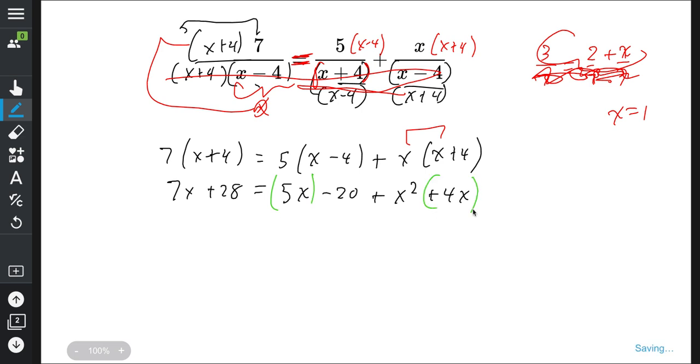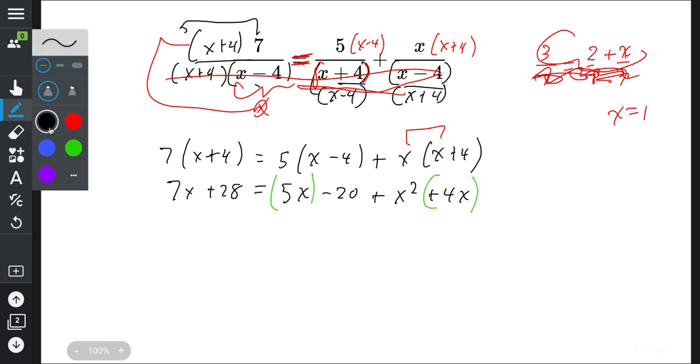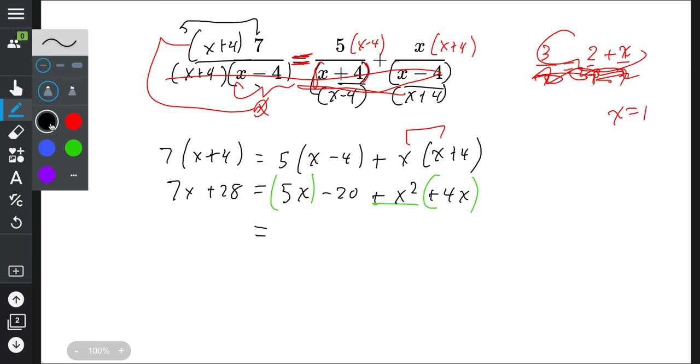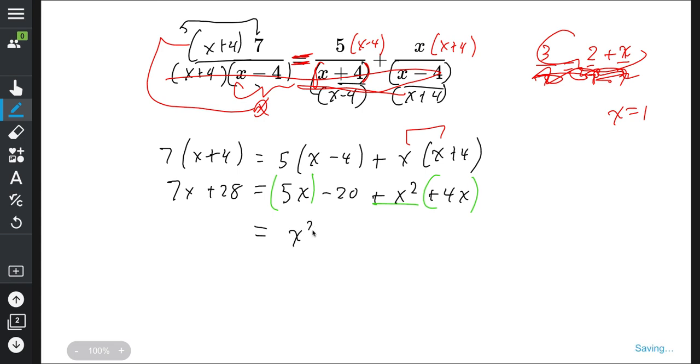This term and that term are like terms. And let's standardize this by putting the terms in descending order of powers. Okay, and then let's remove what's on this side to make this side 0.